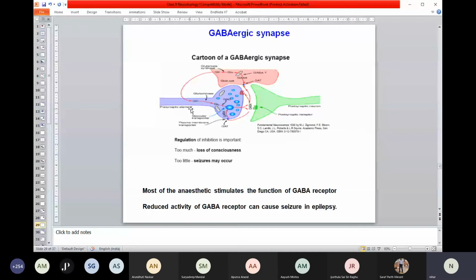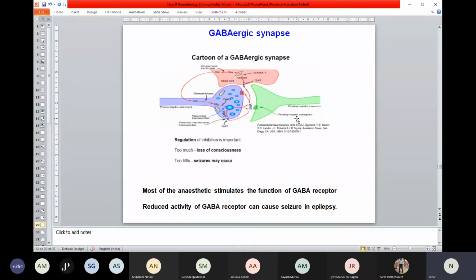The problem is, I forgot to mention, if you release too much inhibitory neurotransmitter in certain circumstances, or if you find an agent that can mimic the activity of the inhibitory neurotransmitter receptor, then you may be able to completely shut down the activity of this neuron. The neuron may not be able to fire at all. So what situation can you think of?